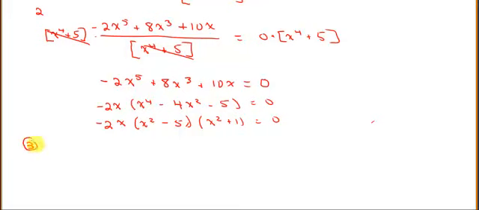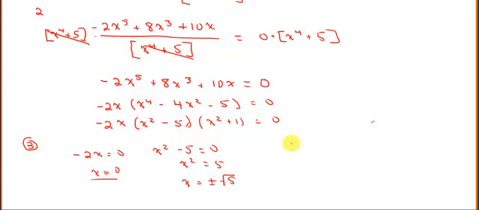We're at that point right now. Negative 2x equals 0, which means x is equal to 0, and we saw that 0 was a place where the tangent was horizontal. x squared minus 5 equals 0, so x squared is equal to 5, and x is equal to plus or minus the square root of 5.